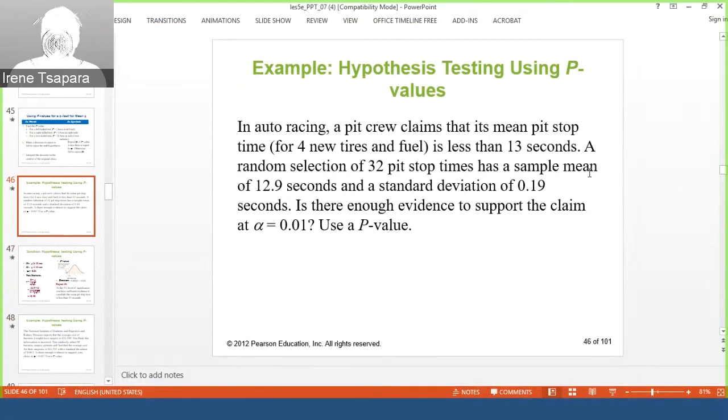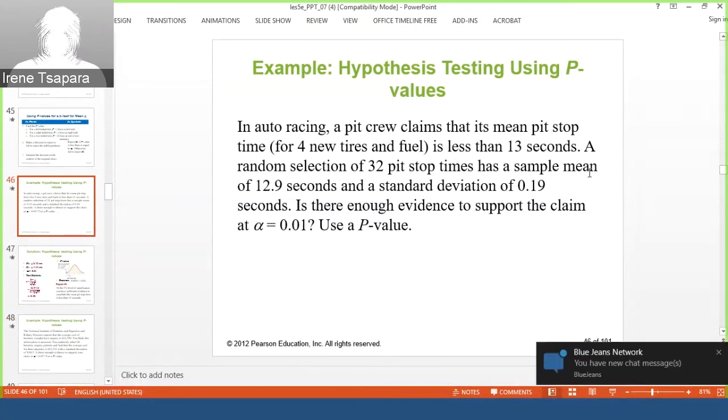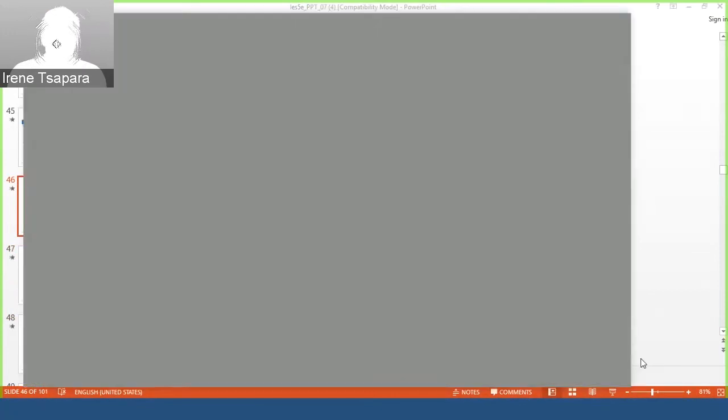Now the next step is a random selection of 32 pit stop times. Let me stop right there. What information do you have right here? You have 32 different stop times in your sample. What does this mean for you? Very good.